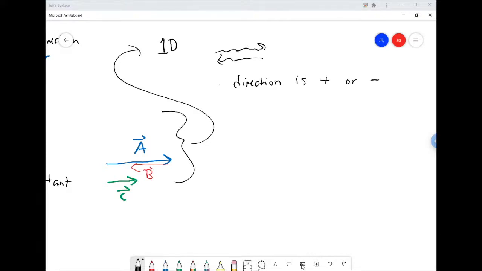And so one thing I want to tell you guys is there's an aspect of subjectivity here. Your positive may be someone else's negative. And you say, well, that doesn't make any sense. Positive on an x-axis, positive is always to the right, and the negative axis is always to the left.